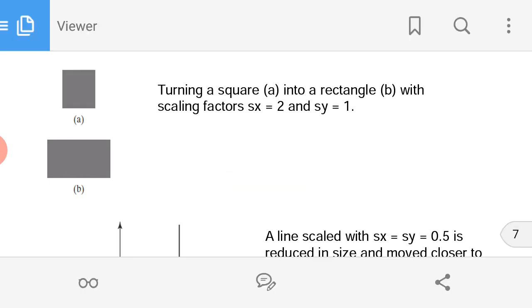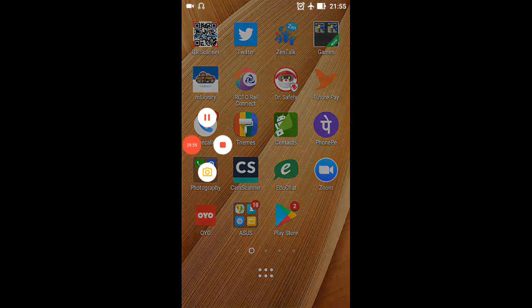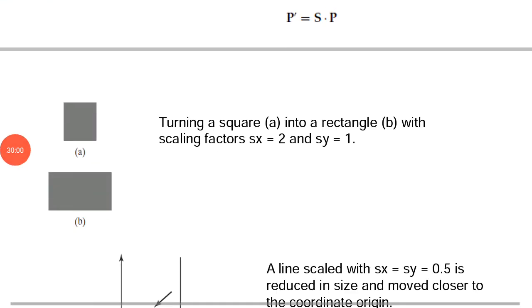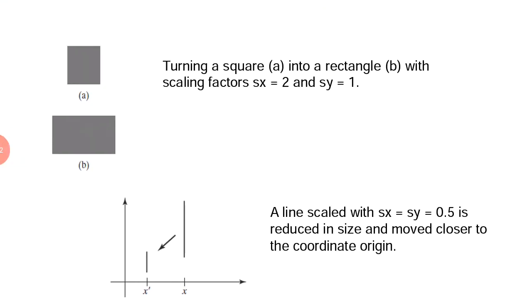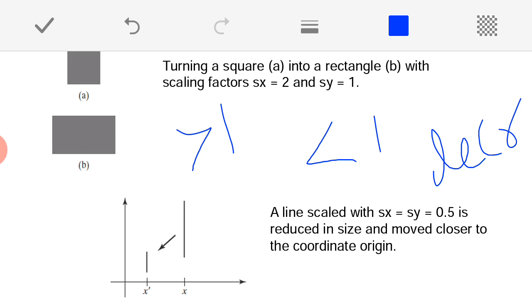And that is very important: if the value of Sx and Sy is greater than 1, then the size will be increased. If the value of Sx and Sy is less than 1, then the size will be decreased. And if Sx and Sy values are the same, then there will be no change in the shape.